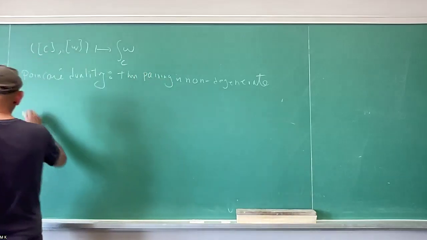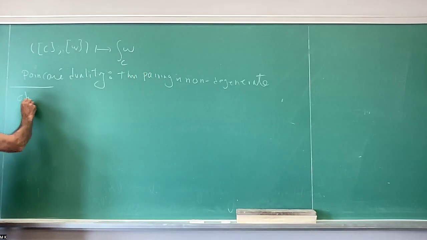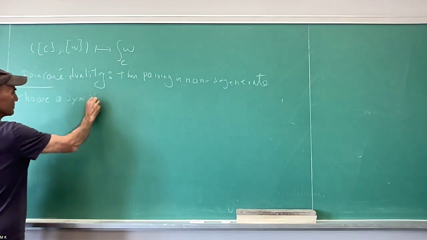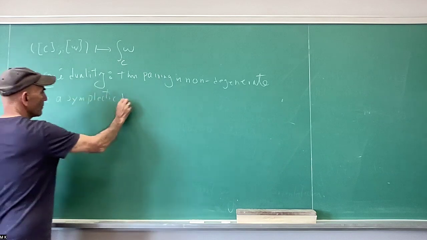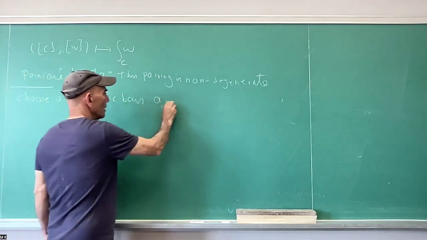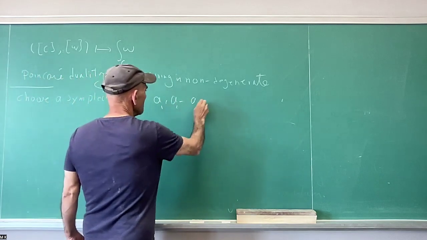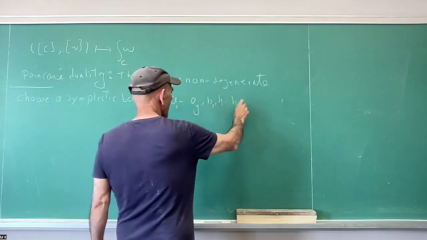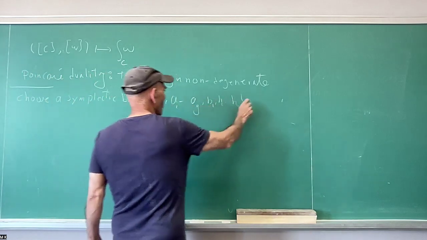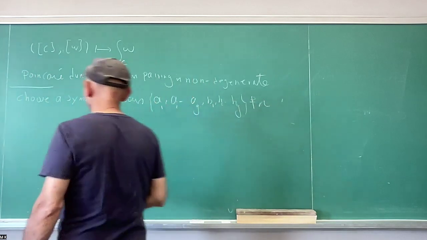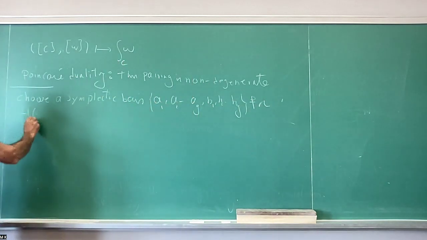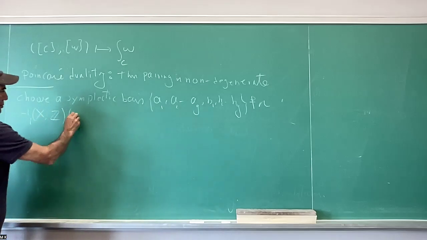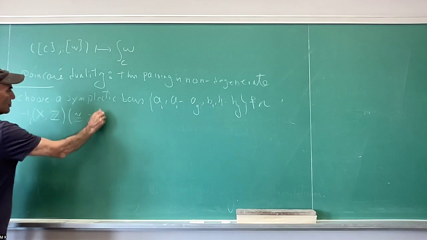So now let's go back to the symplectic basis. Choose a symplectic basis A1, A2, ..., AG, B1, B2, ..., BG for H1 of X with coefficients in Z, which is isomorphic to Z to the 2G.